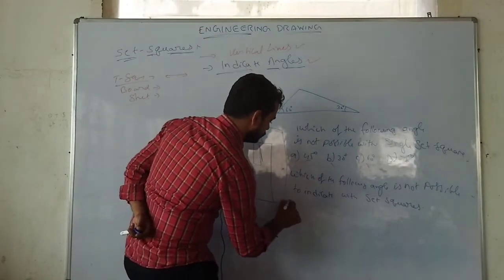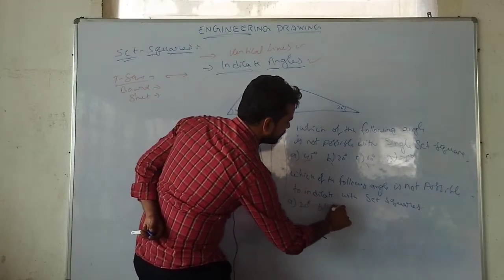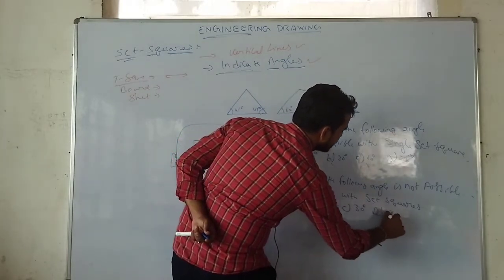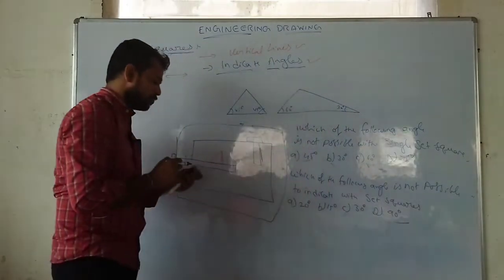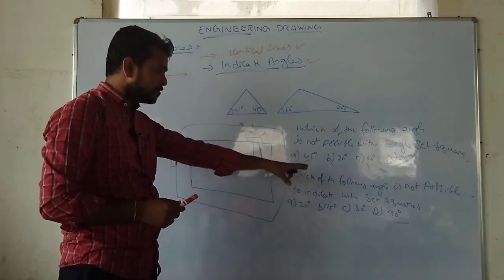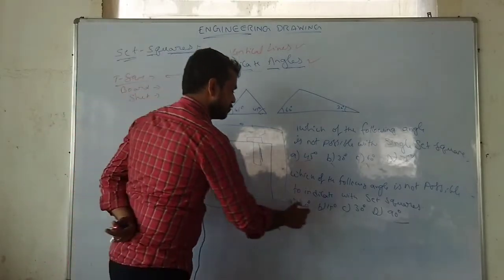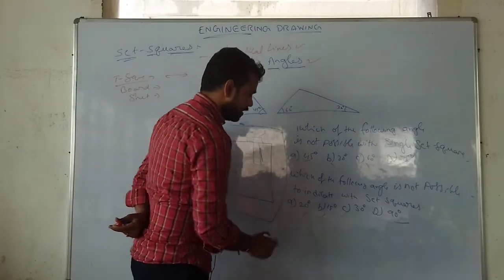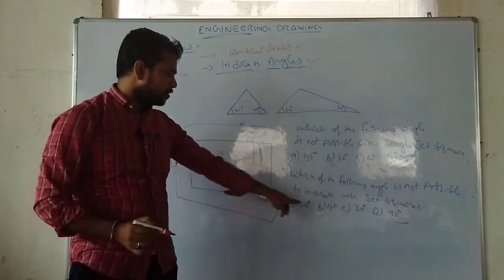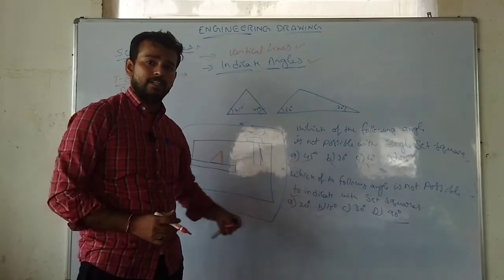So 20 degrees, 15 degrees, 30 degrees, 90 degrees. So which of the following is not possible to indicate with set squares? Two set squares we have to use. Okay, you might be thinking 15 or 20. Okay, actually it is 20. 20 is the right answer. But with the help of two set squares, we cannot indicate the angle 20 degrees.